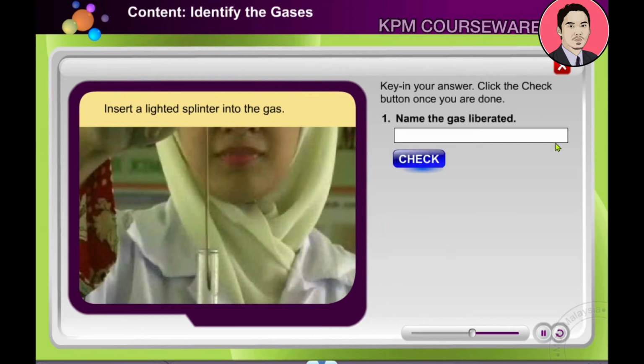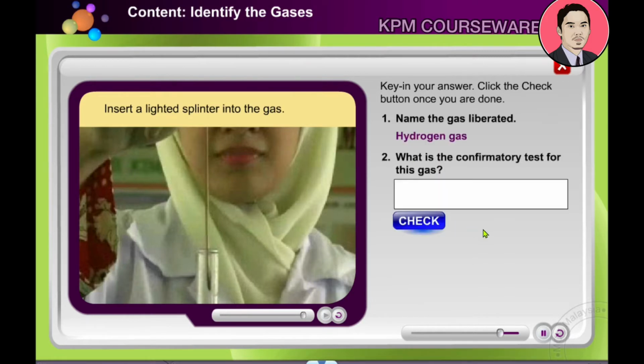Now, answer these questions. Key in your answer, then click the check button to check your answer. Name the gas liberated when zinc powder reacts with diluted sulfuric acid. Very good.